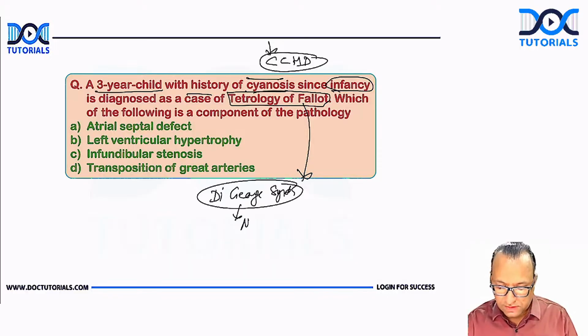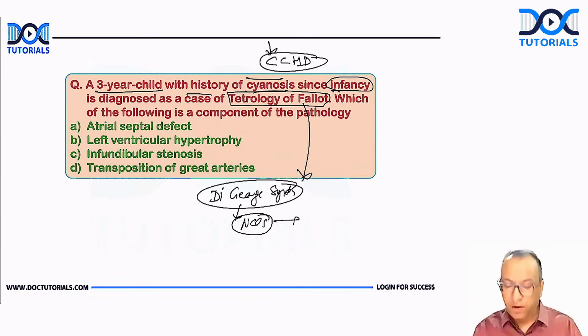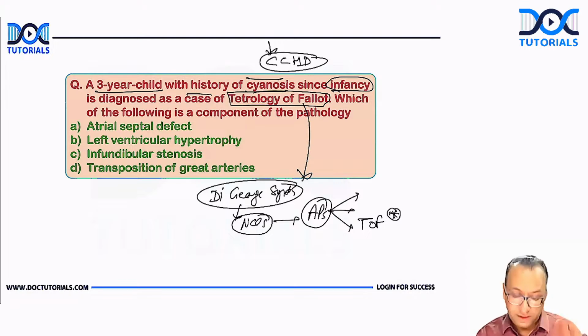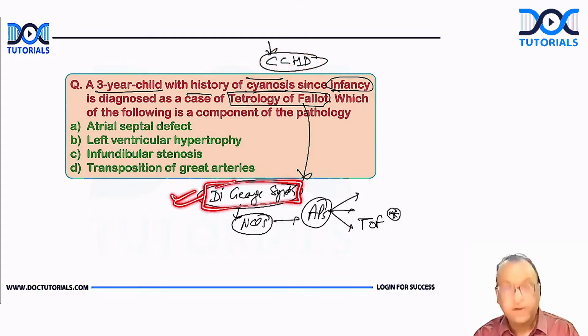There is a problem with neural crest cells. The neural crest cells don't migrate properly. If neural crest cells don't migrate properly, you can have aorticopulmonary septum anomalies. And one of the septum anomalies is tetralogy of Fallot. Tetralogy means four components will be there. So we can just quickly revise that it is a congenital cyanotic heart disease, tetralogy of Fallot, and it is one of the features of DiGeorge syndrome.